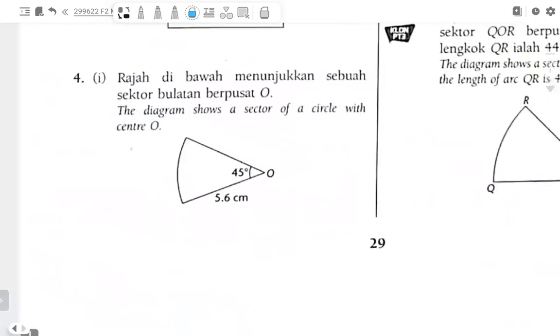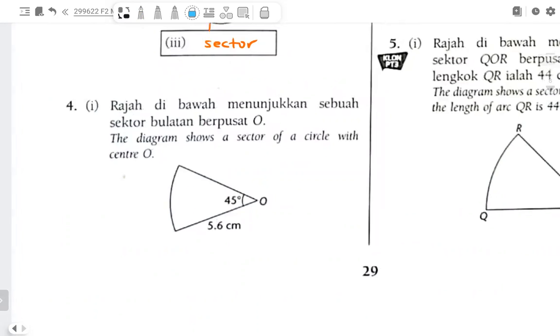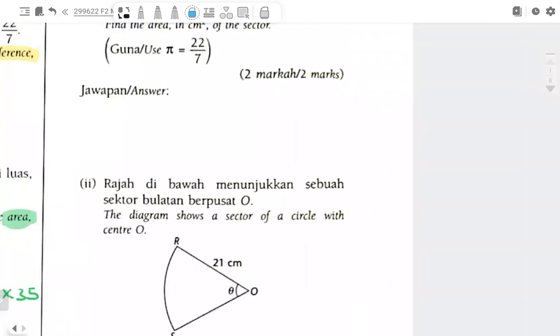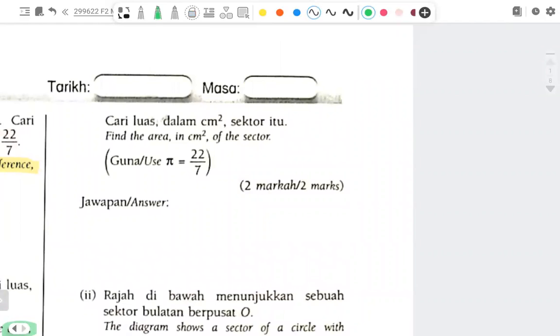Number 4 here. We have a sector of a circle with the angle of 45 degrees. 5.6 centimeters refers to the radius. What's the question there? Find the area of the sector. So sector means part of the area of the circle.